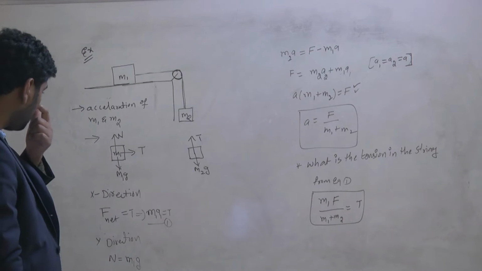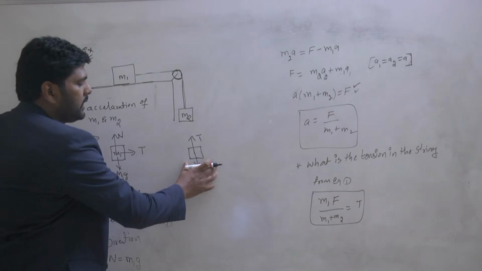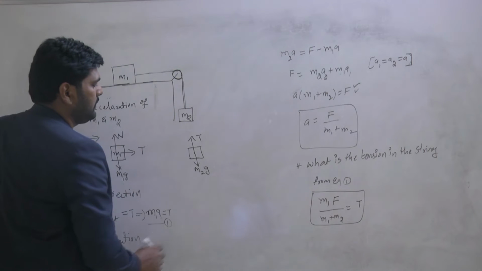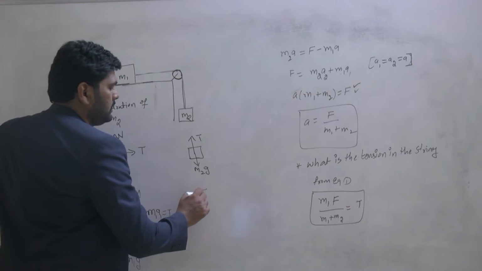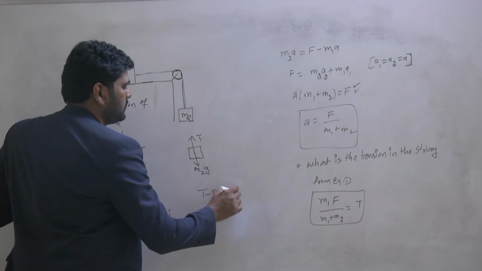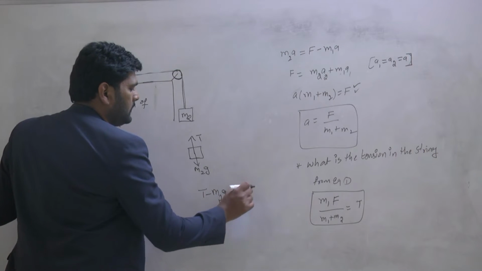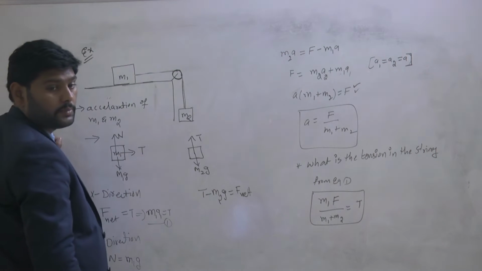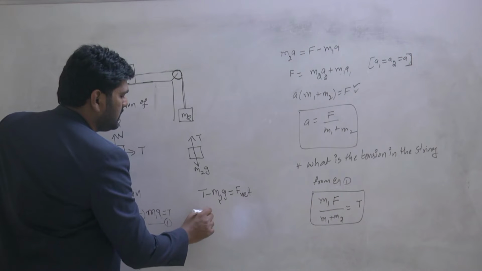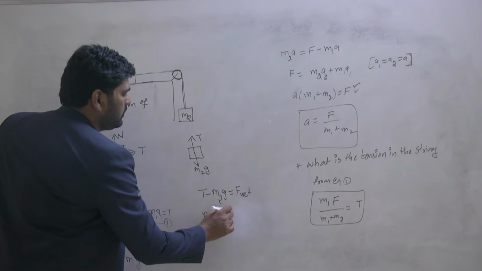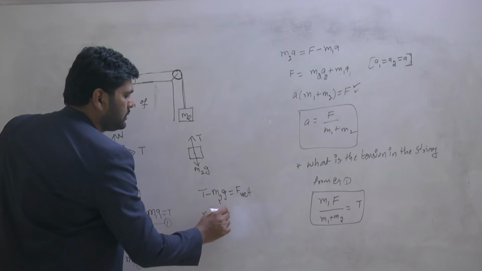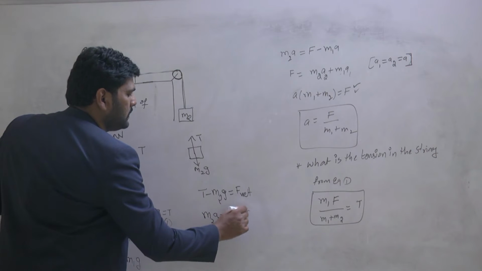Again, the same thing you can apply for free body diagram 2. T minus M2G is equal to F net, the sum of the forces. And in the same way, F net I can write as M2A2, so M2A2 is equal to T minus M2G.